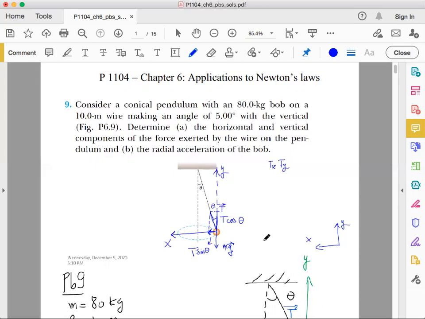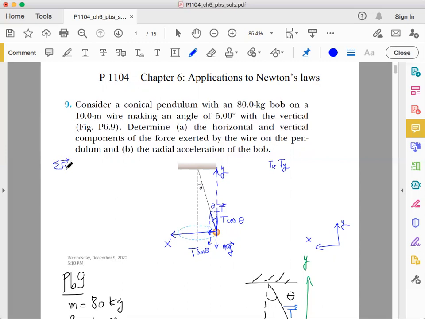However, the tension T is not known. So if we get the value of T, the tension, then Tx and Ty could be easily determined. So let's see, can we get the value of T? Actually, we can do it. So let's apply Newton's second law on this bulb.